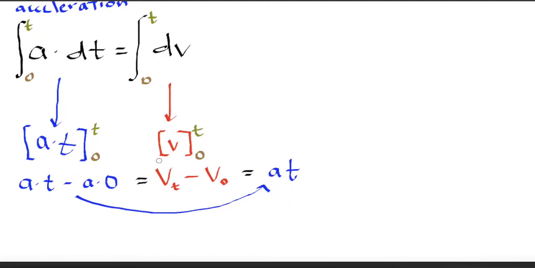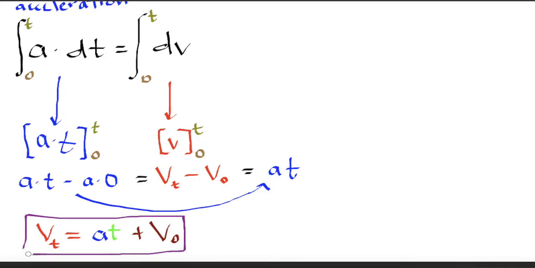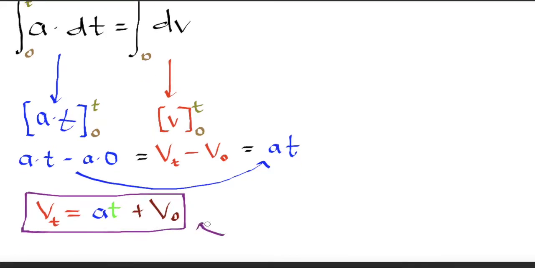And now we can add v naught to both sides of the equation to arrive at the equation that vt, or final velocity, is equal to acceleration times time plus initial velocity, or v naught. This equation will be very important in proving the projectile motion equations.